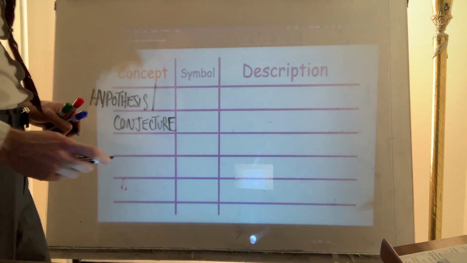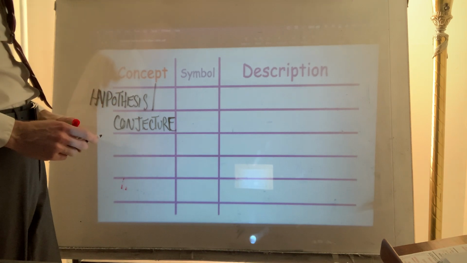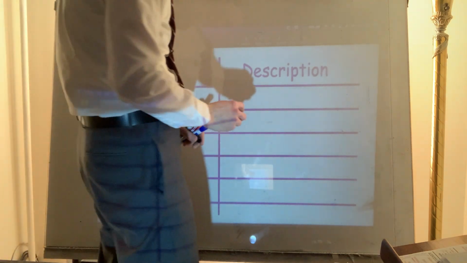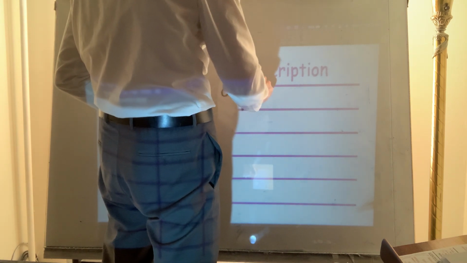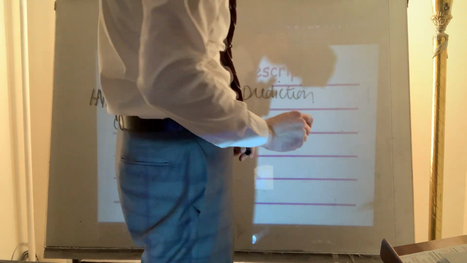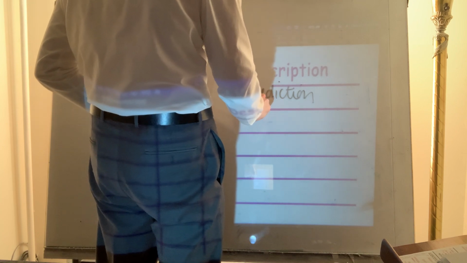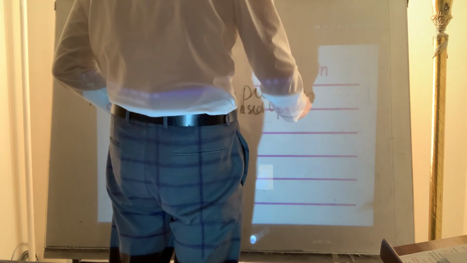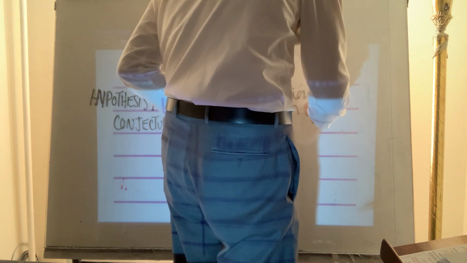A hypothesis or a conjecture, depending upon whether you're a math person or, say, a scientist, which are almost the same thing as well, is a prediction based upon specific observations.